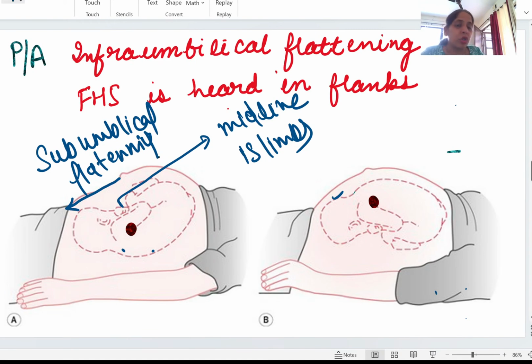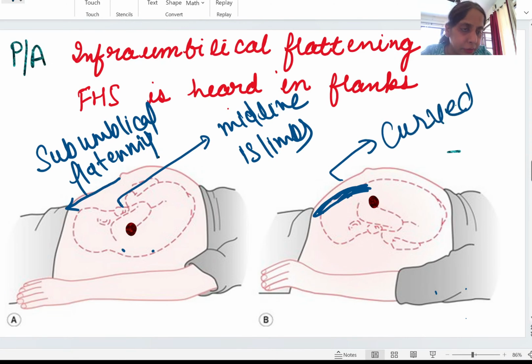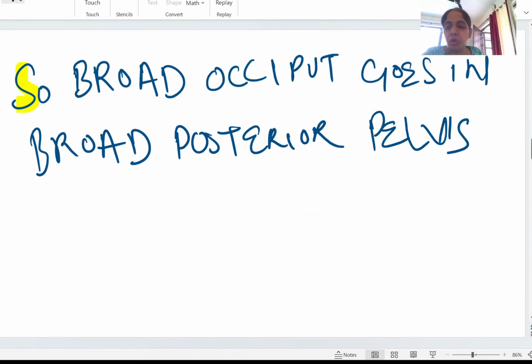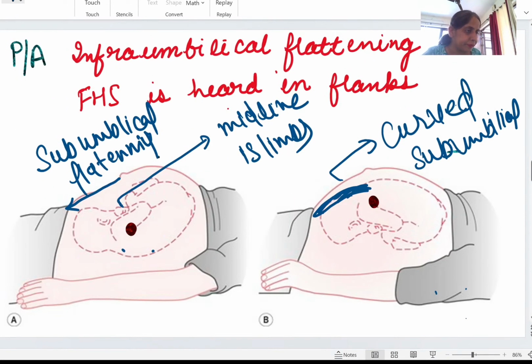So as you can see here, there is back, and here there is curved subumbilical flattening. Is it clear? Okay. So these are the two findings.